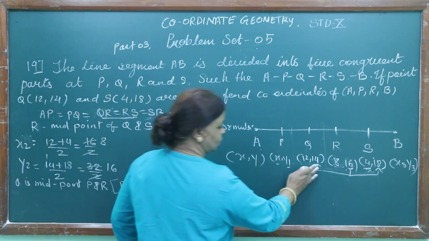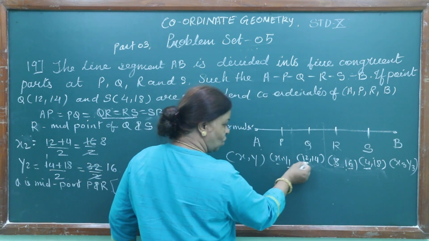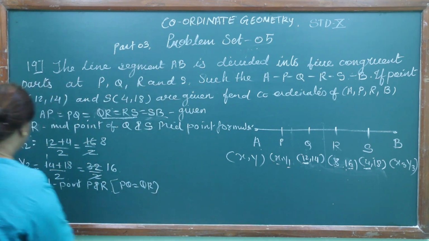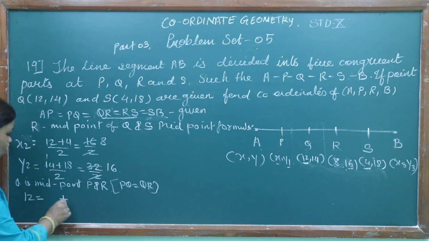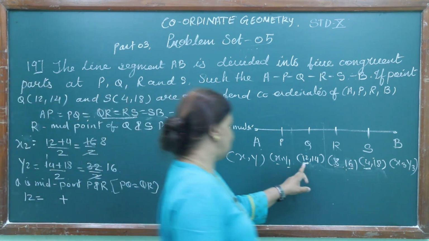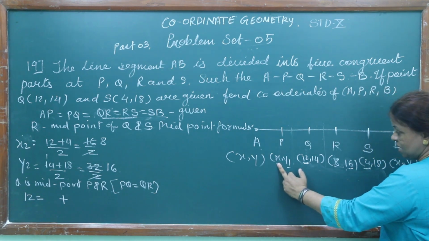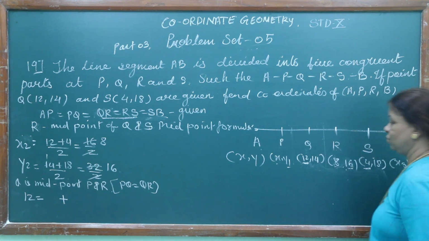Let us see. Q is the midpoint. So the x coordinate of Q, 12, will be equal to the sum of the x coordinate of P and the x coordinate of R upon 2.